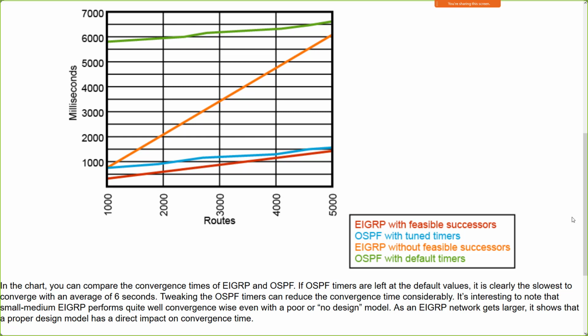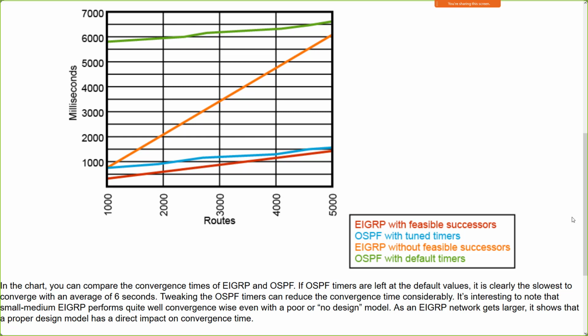But if I'm running EIGRP without feasible successors, or if I'm using OSPF with default values, we can see that the convergence time is pretty significant compared to the other option as the number of routers increases, especially with EIGRP.